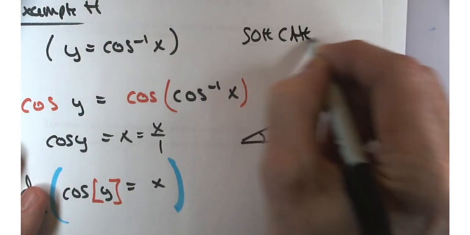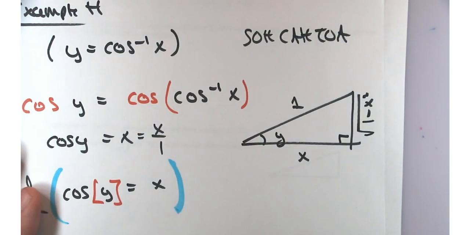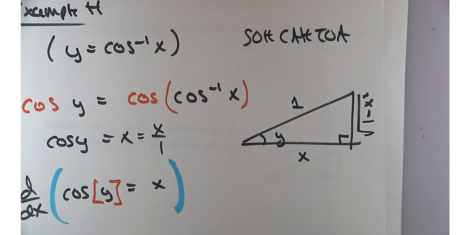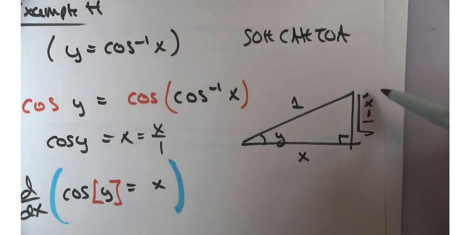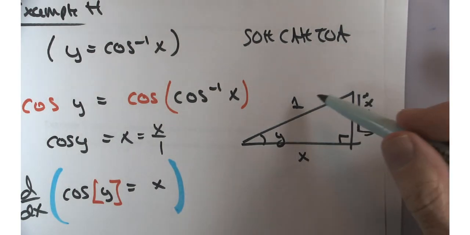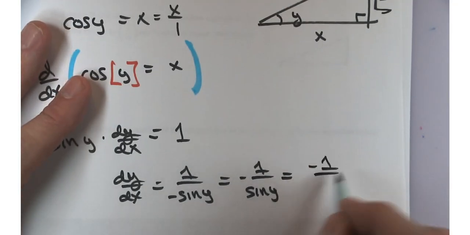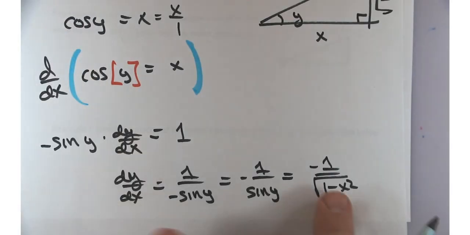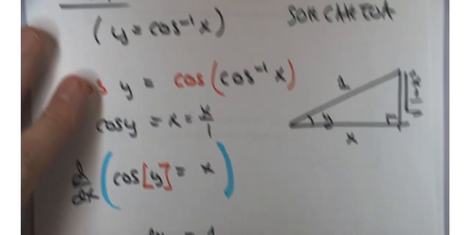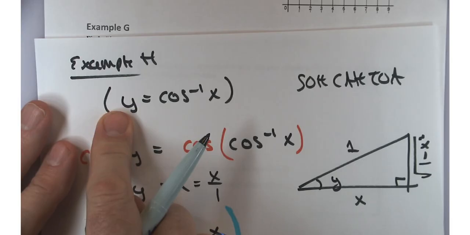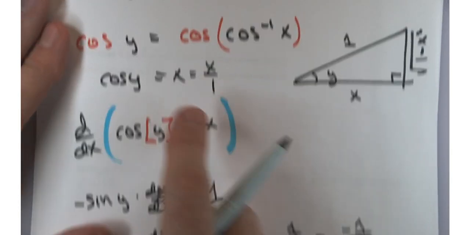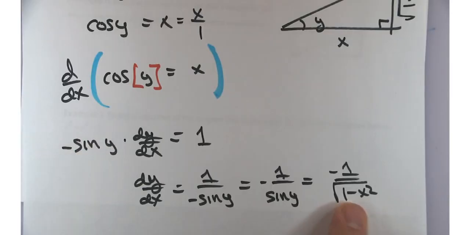SOHCAHTOA. You guys thought you were done with that, didn't you? Sorry. Square root of 1 minus x squared over 1, or basically just square root of 1 minus x squared, right? That's your derivative. If I had differentiated up here or down here, I'm still going to get the same thing for dy by dx. That's your derivative of the inverse cosine.